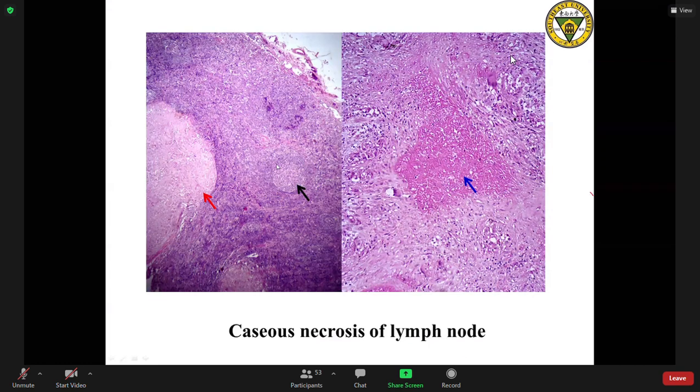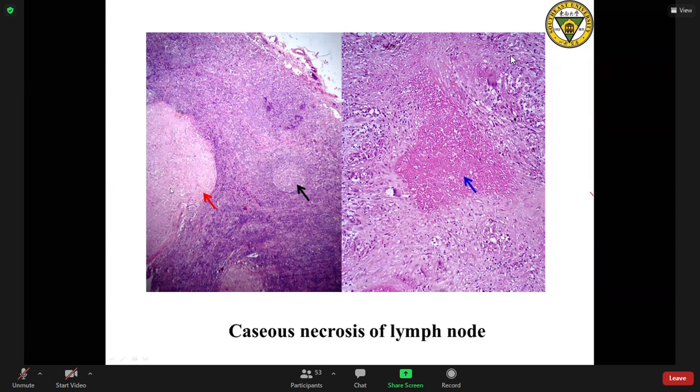Here, lymphoid nodules, but this one is tubercle. It's a granuloma. The color is different. You can compare this color and this color. There are more and more lymphocytes here, but here are macrophages and epithelioid cells.